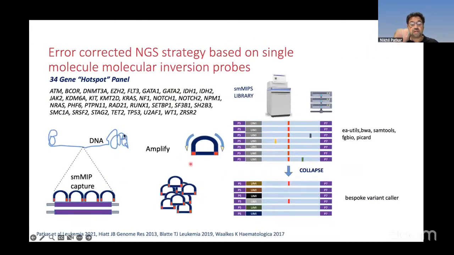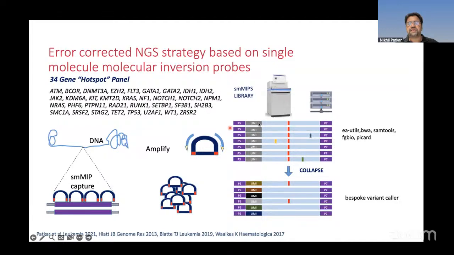So we developed a 34 gene panel based on these molecular inversion probes. Right at the time of library capture, each MIP binds to target DNA, introduces this UMI, and undergoes rolling circle amplification.